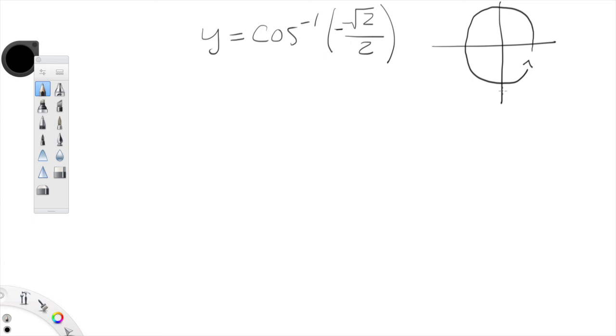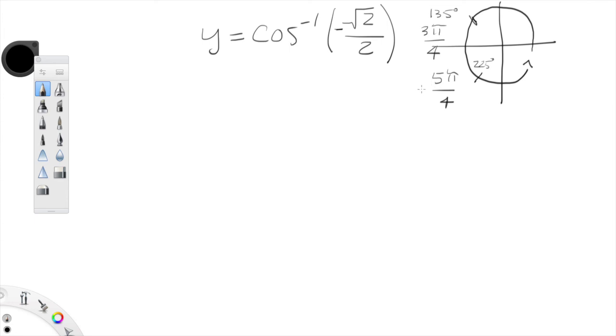Go back to the old unit circle. Those could be either this, 135 degrees, or 3 pi over 4, or it could be here, 225 degrees, which is 5 pi over 4. As you remember, there can only be one value, because inverses have to be a one-to-one relationship, so only one of these can be the answer.